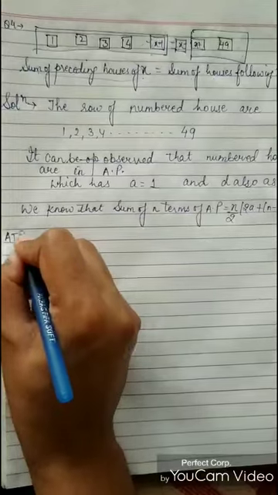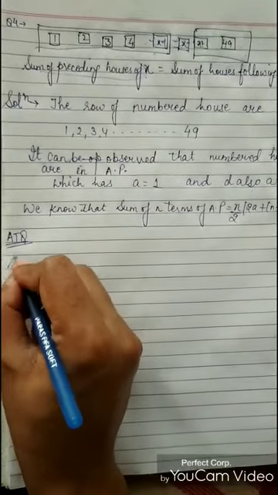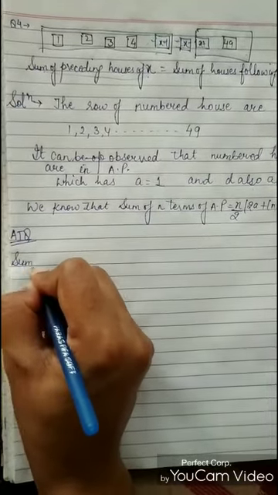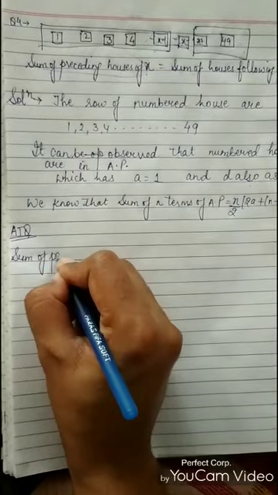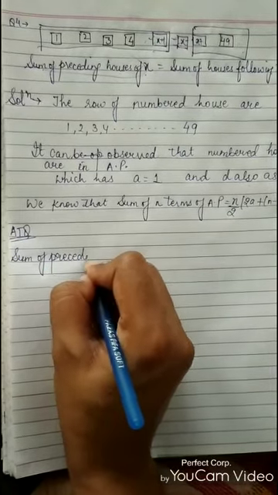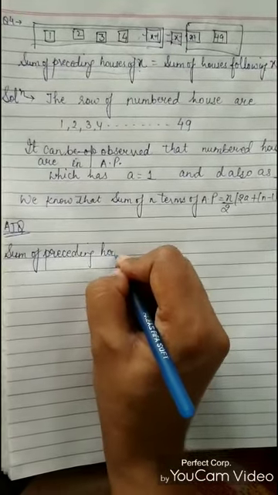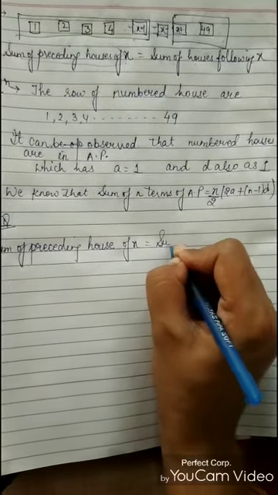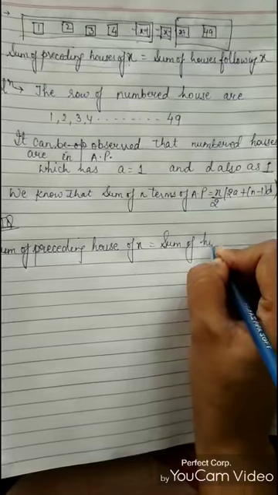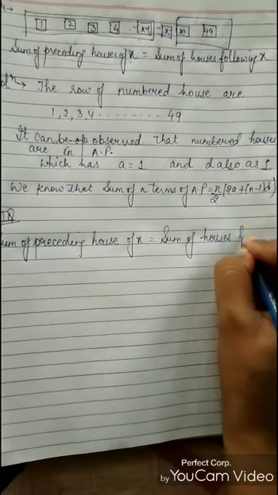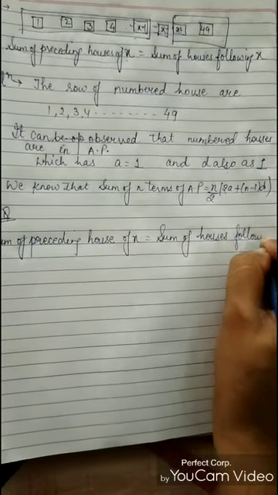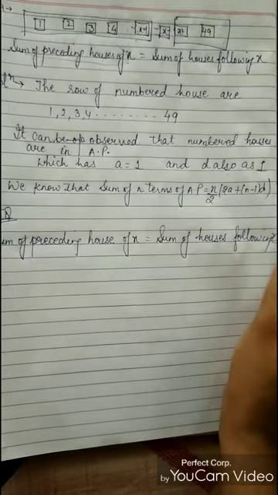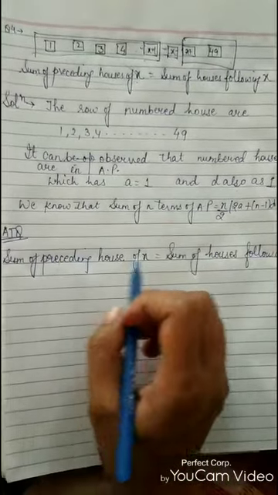It is given to us that the sum of preceding houses of x is equal to the sum of following houses of x, right?